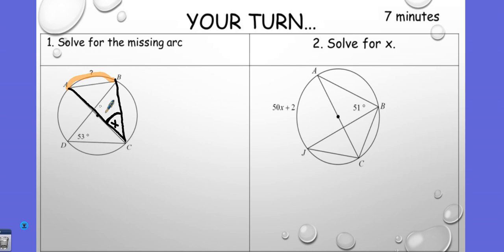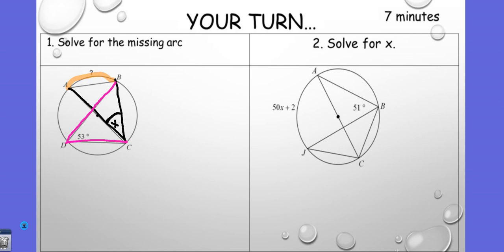Okay, I'm going to look at the other information that's on the picture. I have 53, so you're just going to work backwards with that one. We're going to highlight the chords that make 53, and the intersection of these chords, which is called the vertex, is right here on the circle, so that's an inscribed angle.